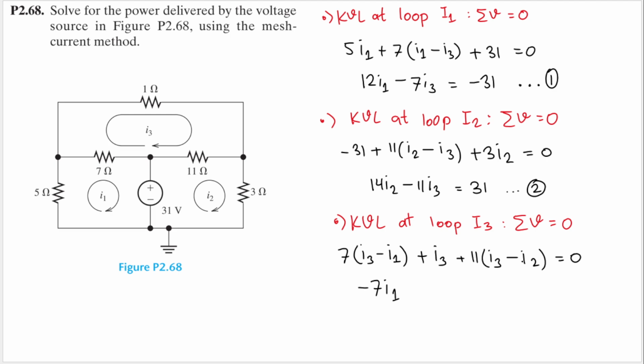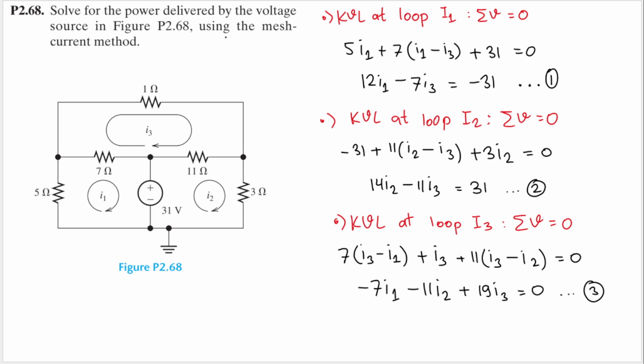I2 only comes from here, so I will have minus 11 I2. And I3 comes from all of them, so 7 plus 1 is 8, 8 plus 11 is 19, so I'll have 19 I3. All of that will equal 0. Let's have this as equation number 3.